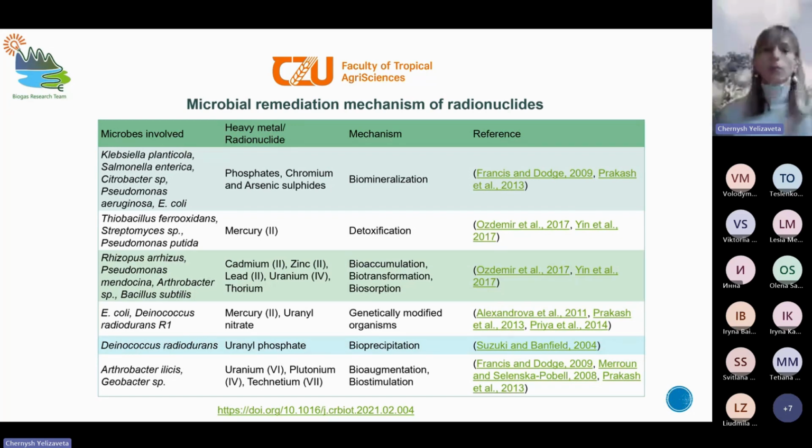So the most important thing is to stop the migration of radionuclides in the ecosystem, fixing them in some stable form.